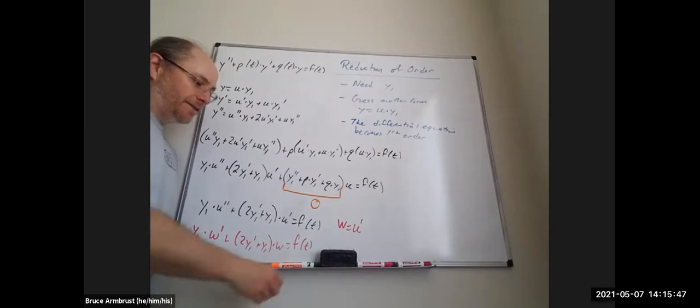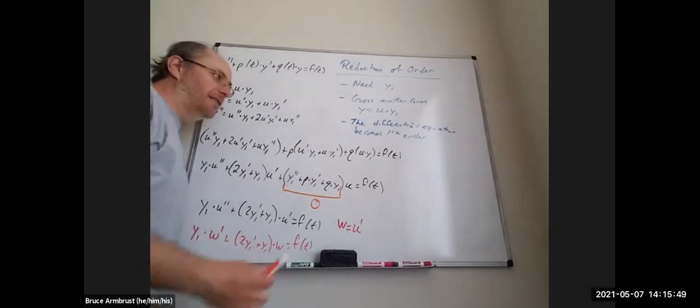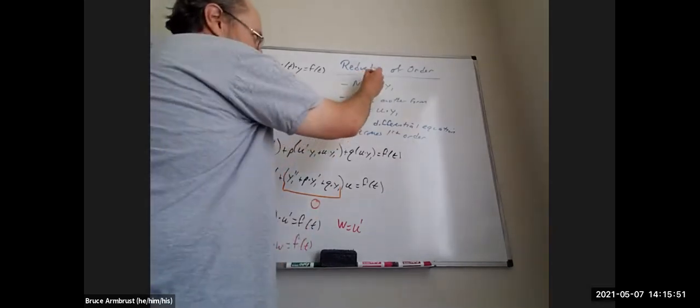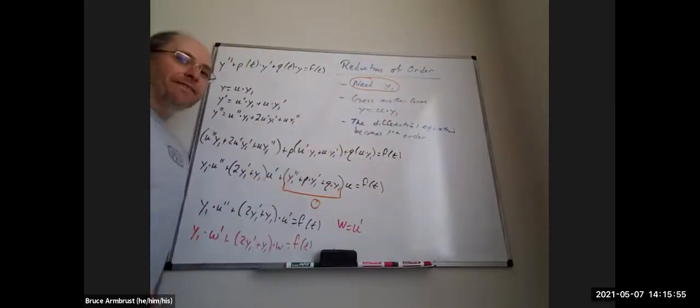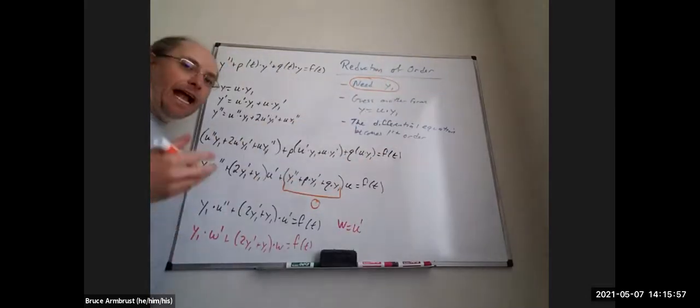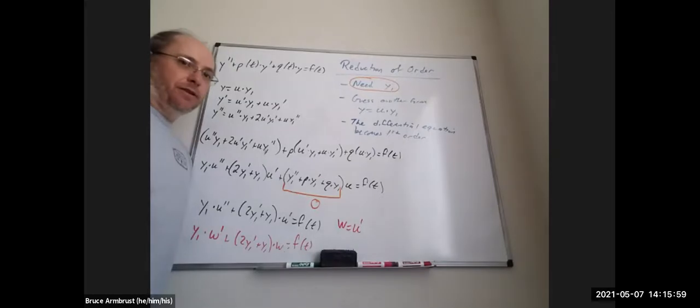But it's super huge. This right here, it's what I wrote at the very beginning. You have to have a solution to the homogeneous. In order to do reduction of order, you already need to know one of the answers. And that's challenging, right? Sometimes it's not always obvious.